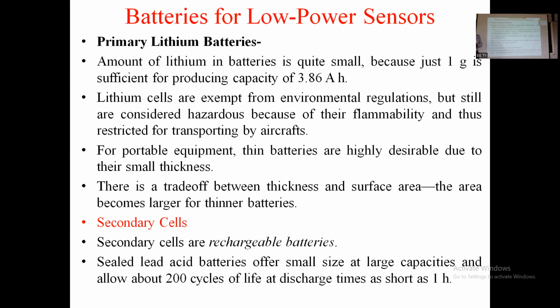So charging and discharging time together make up one cycle. Its life is about 200 cycles, and discharge time is as short as 1 hour.